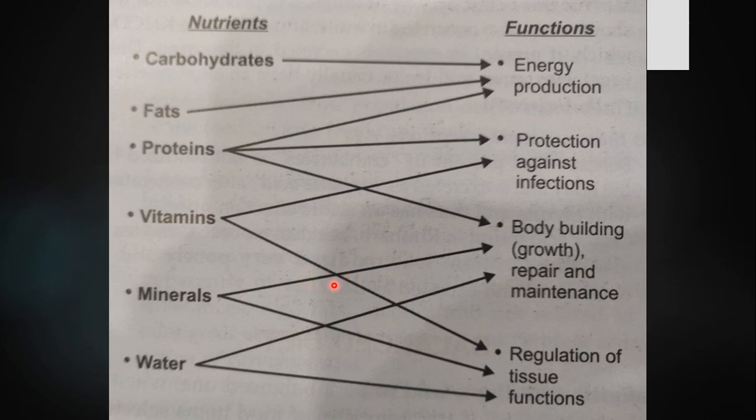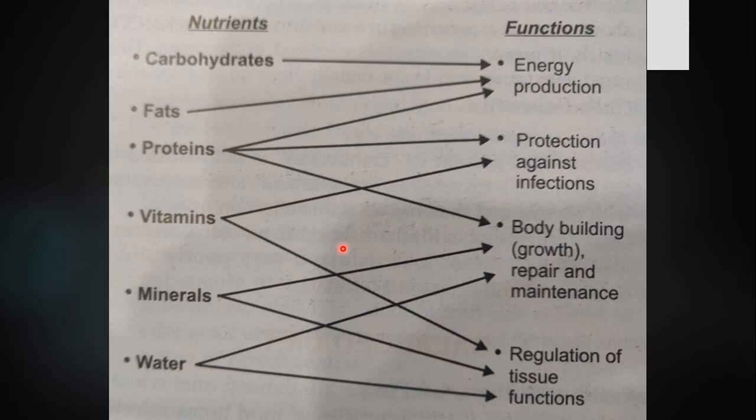And of course, the minerals you have already gone through: bodybuilding and regulation of the tissue functions. So I am giving you the outline of the nutrients and then particularly stressing the functions of the vitamins again.